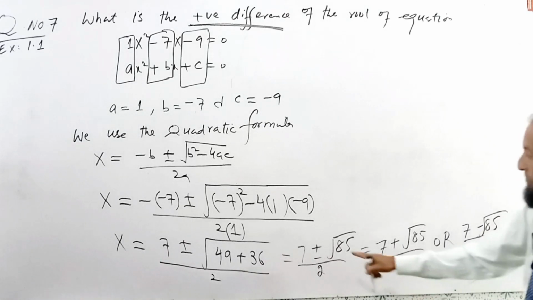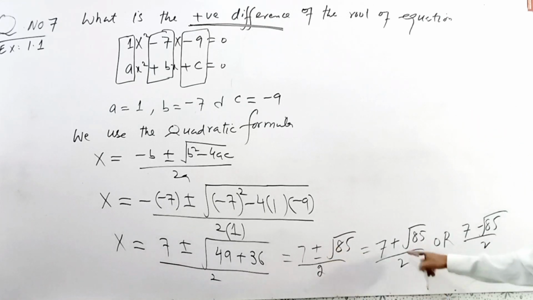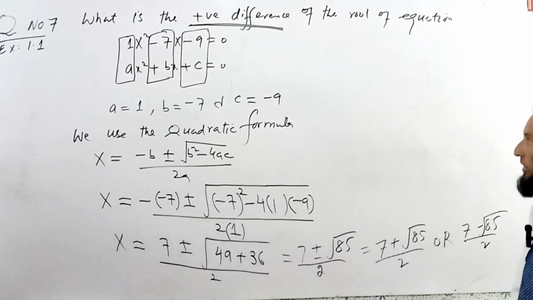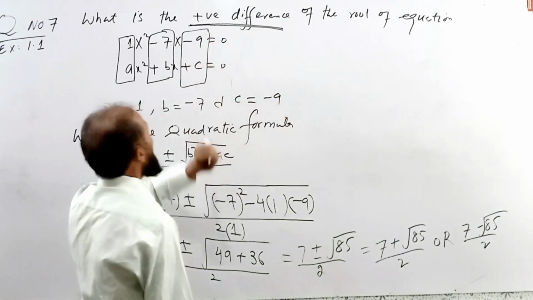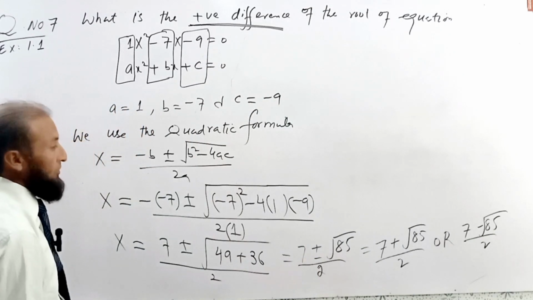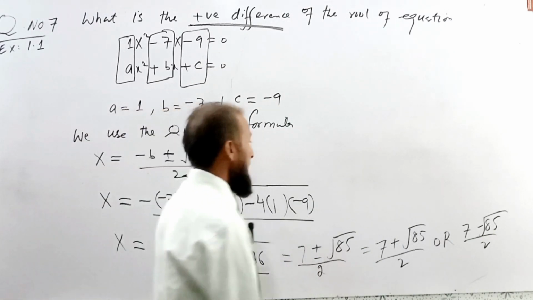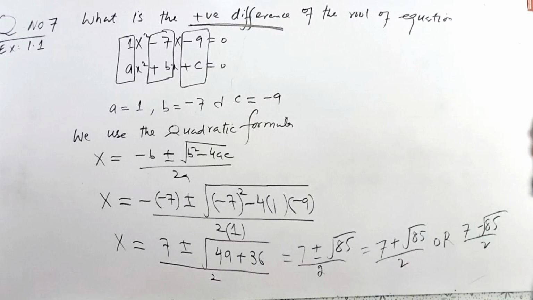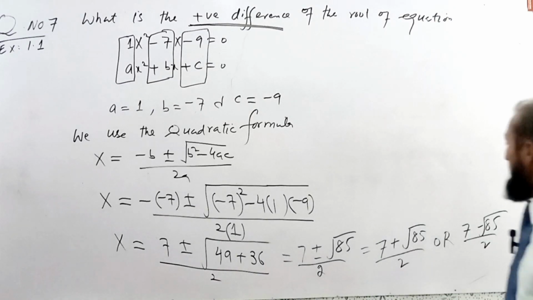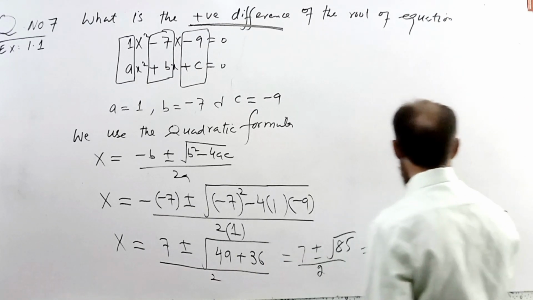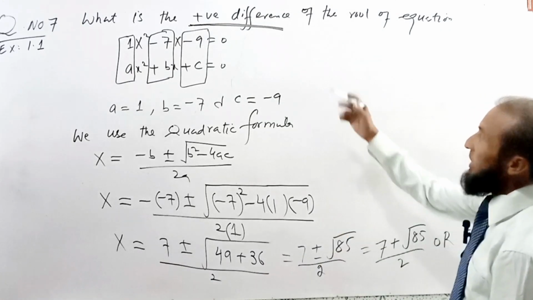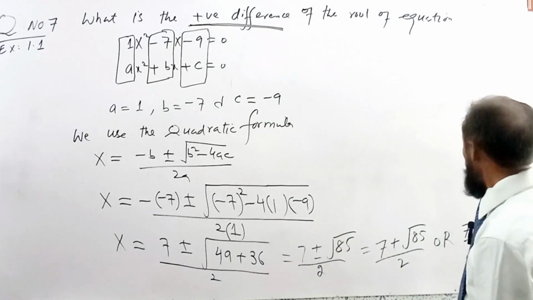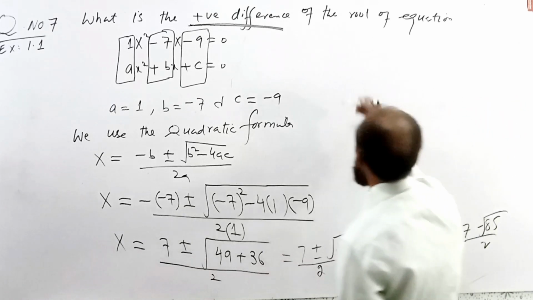We separate positive and negative: one time positive and the second time negative. But the question is asking for the positive difference, which means we subtract these two roots to get the answer.